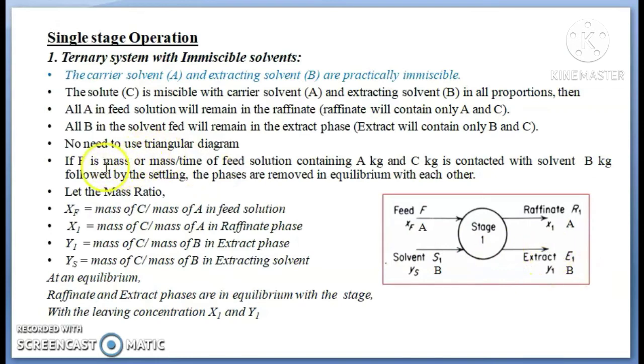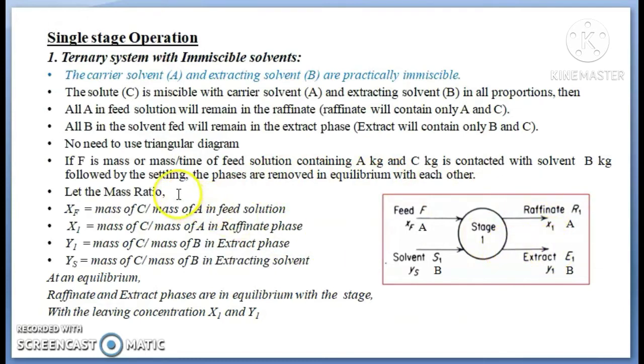If you see, there is no need to use the triangular diagram in this case. If F is the mass, or the mass per unit time, of the feed solution containing A kg and C kg, contacted with the solvent B followed by the settling in the single stage 1, the phases are removed in equilibrium as a raffinate phase and extract phase.